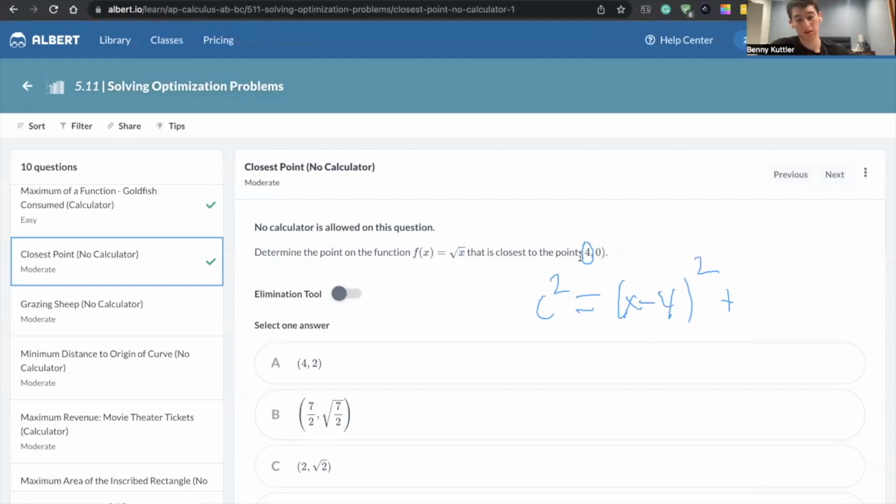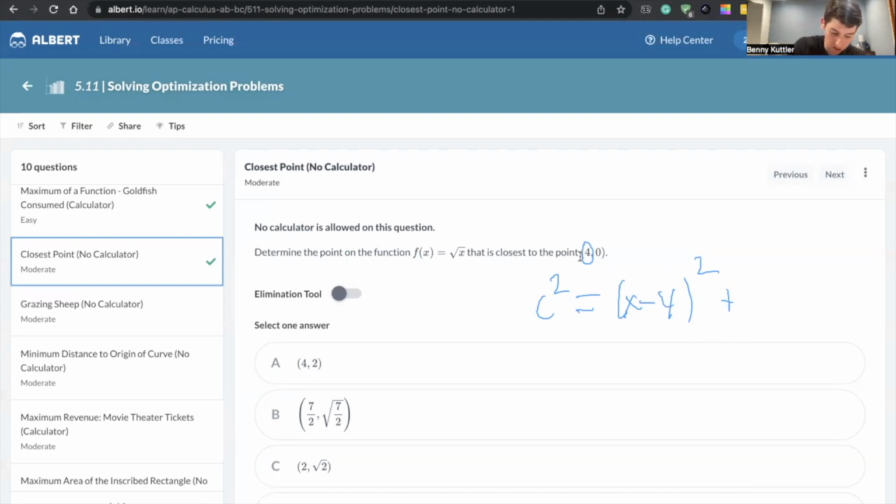Oh, and then our other one is, so this is just our x value minus our x value from this point. So x, whatever that may be, that's what we're looking for part of, and then minus the y value at that point, plus the subtraction of the y values at both those points squared.